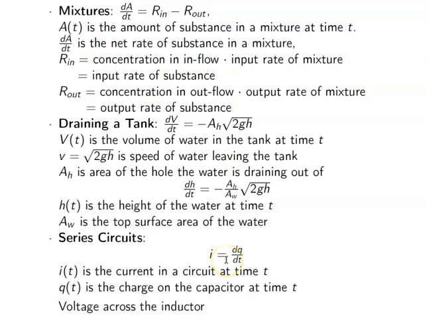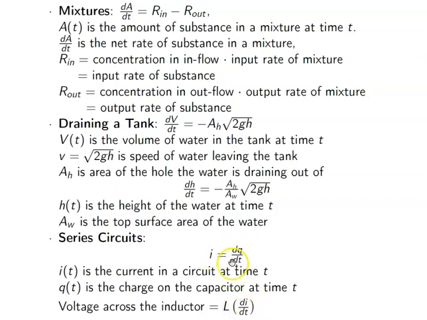So a series circuit should have a resistor, a capacitor, and, yeah, that's it. I think there's one more thing that's there as well. Okay, and an inductor. Okay, so the current across the inductor is this i. So the voltage across the inductor is L times the first derivative of i.